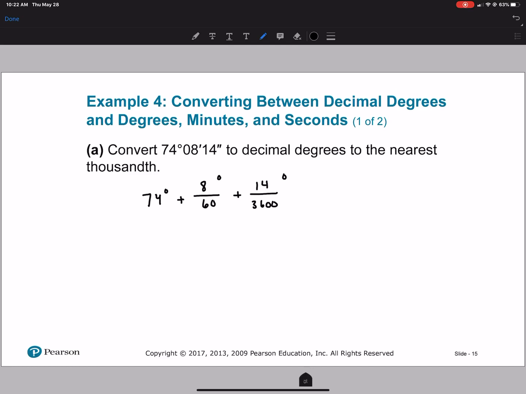So when we do this, we're going to get 74 degrees. And then that's going to get plus. Now, when I write this, all right, make sure you go through the steps of this. So really, if you want to do this, you could just go ahead and put it in the calculator and you'll get 74.137. And that's in degrees.